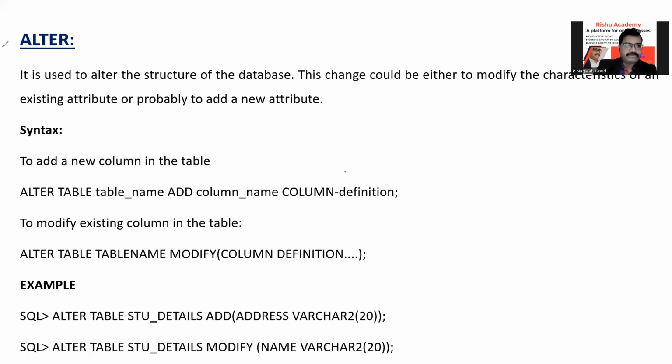General syntax for adding a new column. Alter table, table name. I want to add the new column, column name, meaning attribute name, and column definition, which is the data type and the size.